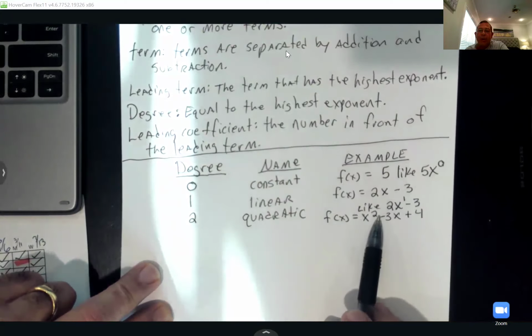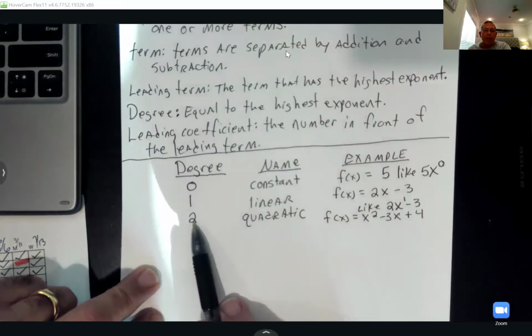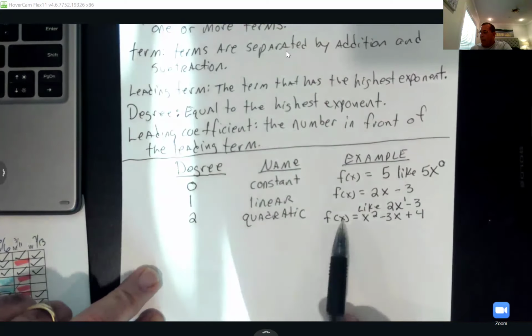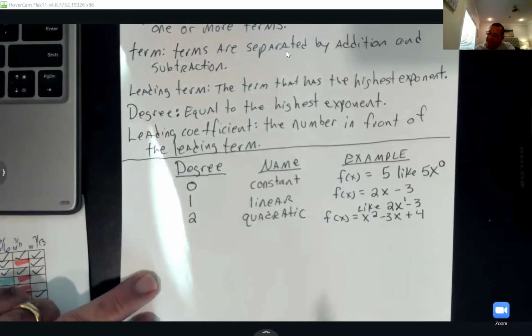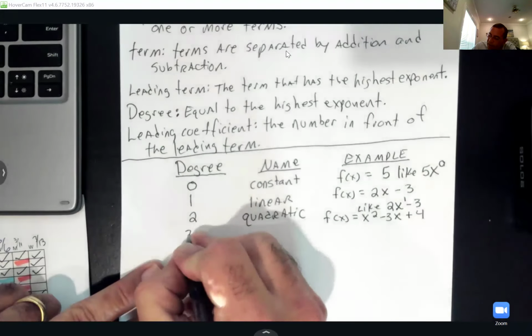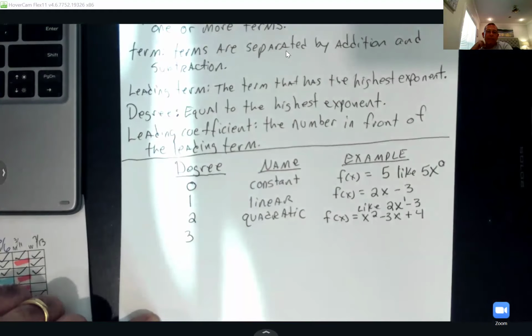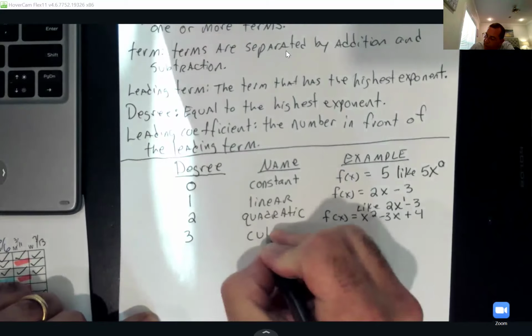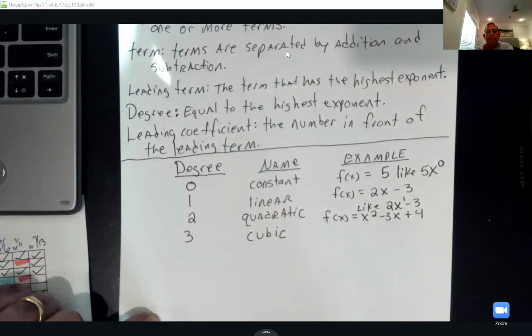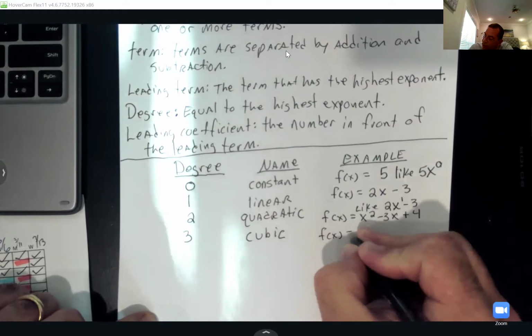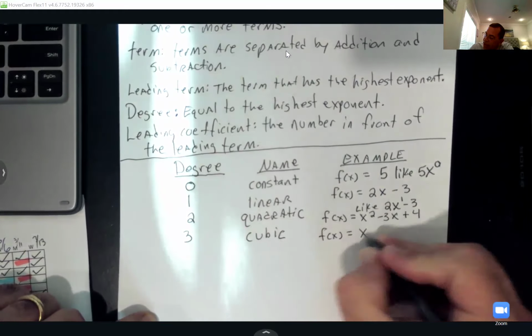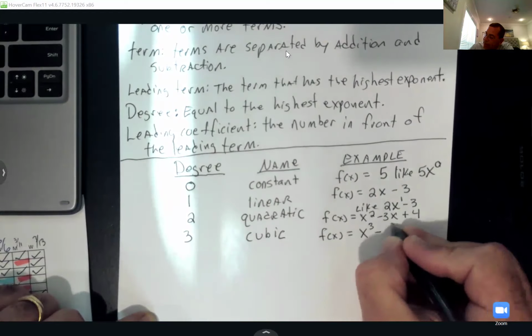So the highest exponent is a 2, meaning that the degree is 2. And if it's a degree 2, it is quadratic. All right, y'all, next would be a degree 3. Degree 3 we call cubic. So that means the highest exponent has to be a 3. So that could be something like x cubed minus 8.